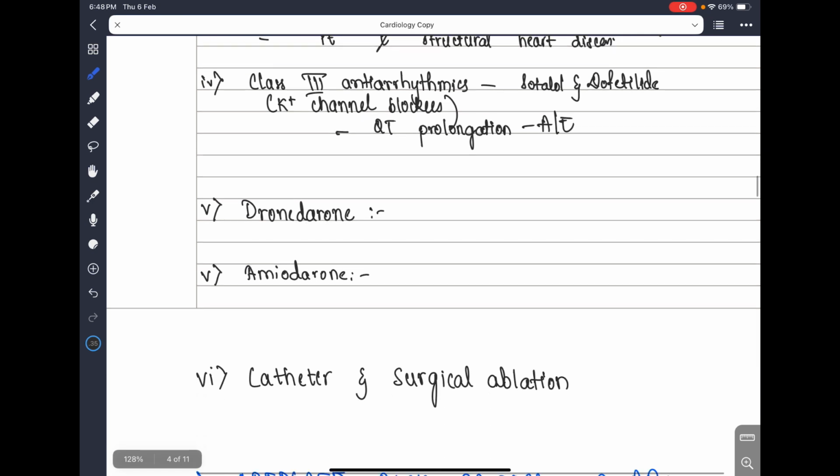Then you can use dronedarone, which is another option used if the patient has AF with heart failure or persistent AF.